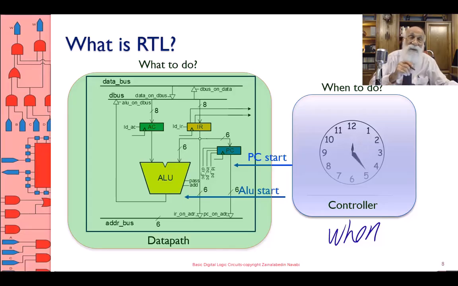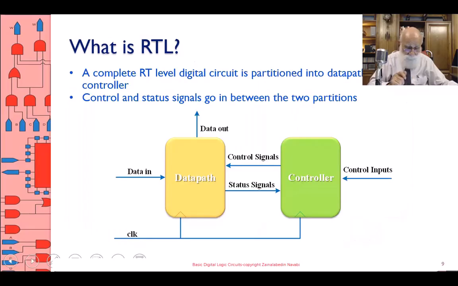Things that decide what are the operations to be done. So, an RT level circuit has a controller. That's a sequencer, that's a timer, and a data path. The data path has sequential components and combinational components. Our focus here now is on combinational components that go within the data path.